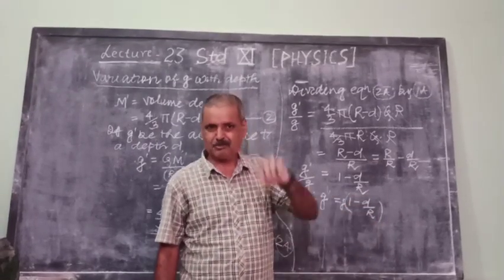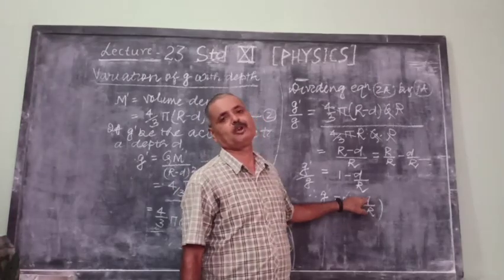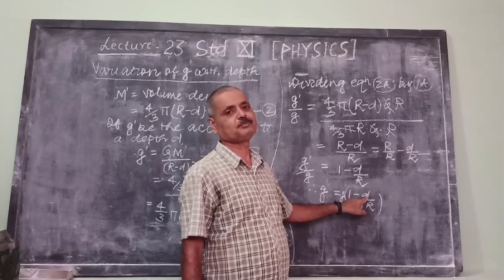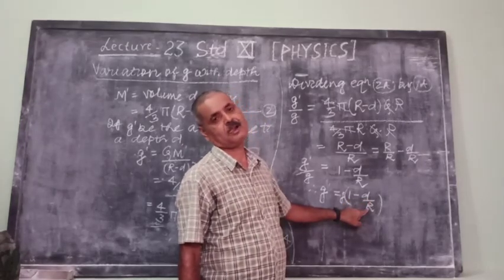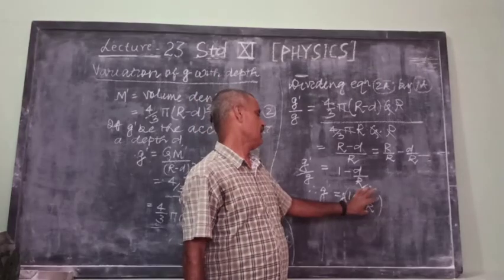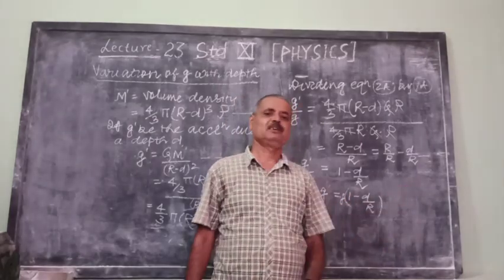If the body be taken below the surface of earth, it means if the value of d increases, it will be divided by r, that is fixed item radius of the earth, and it will be subtracted from 1.